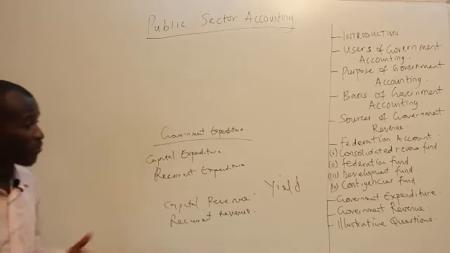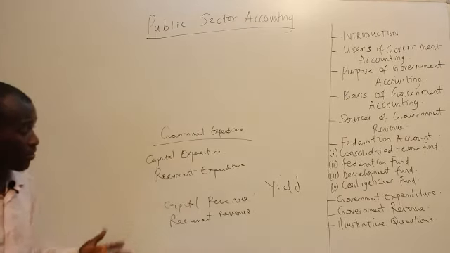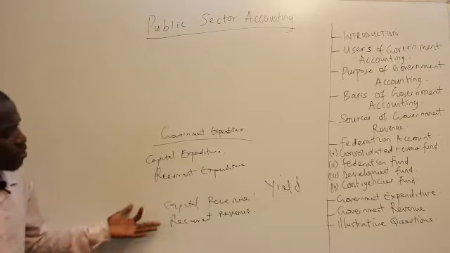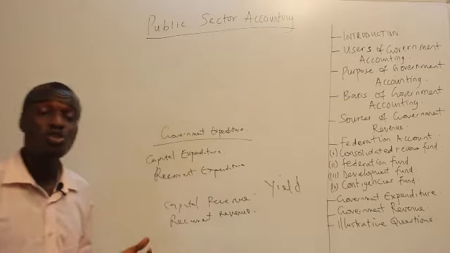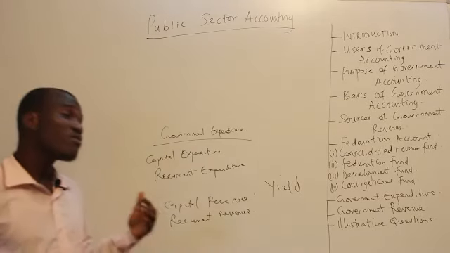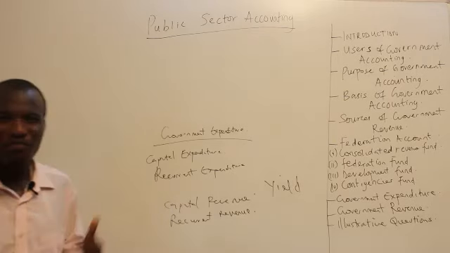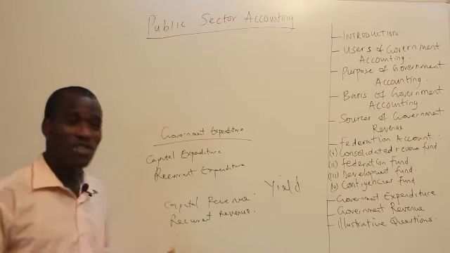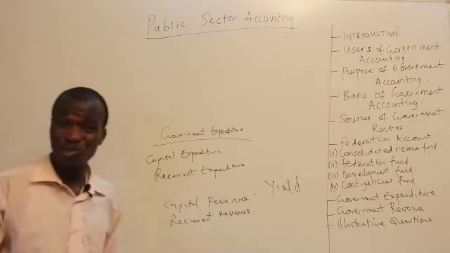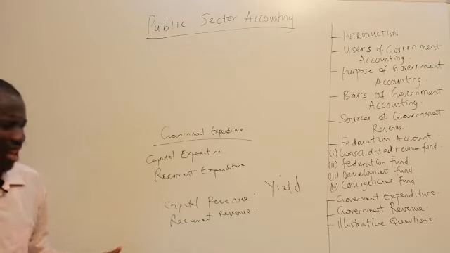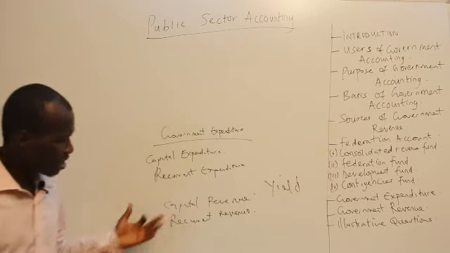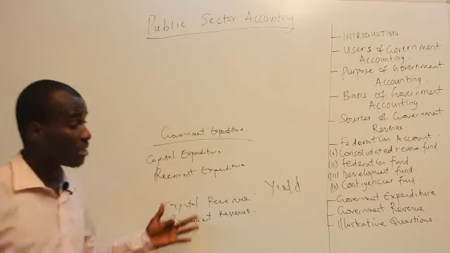So money received from such aid is called capital revenue, from capital projects. Now recurrent revenue is the major source of government revenue, which the government receives recurrently, from one period to another. That includes money from petroleum, direct taxes, and so on. So they consist of recurrent government revenue.